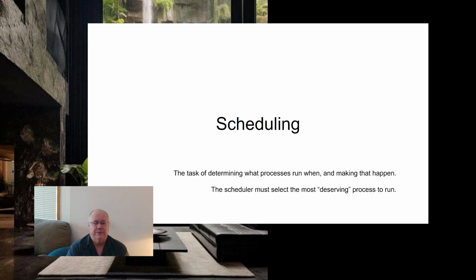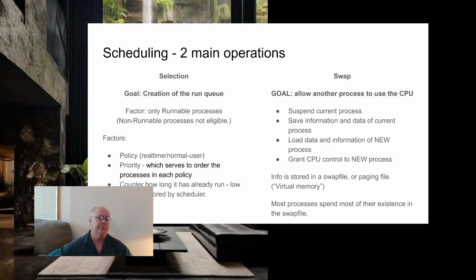This is a software component that runs behind the scenes, and its job is to select at any given time the most, quote, deserving process to run in terms of priority and other factors. So there's this piece of software built into the operating system, and its job is to decide what happens next, who gets the next time slice.